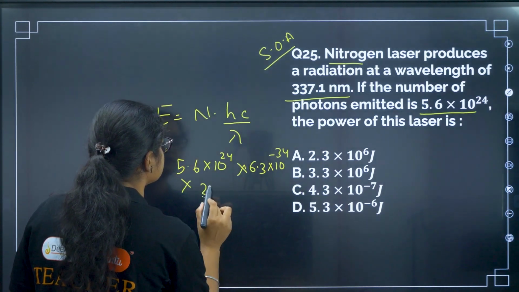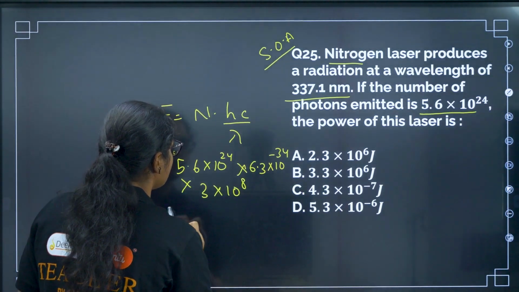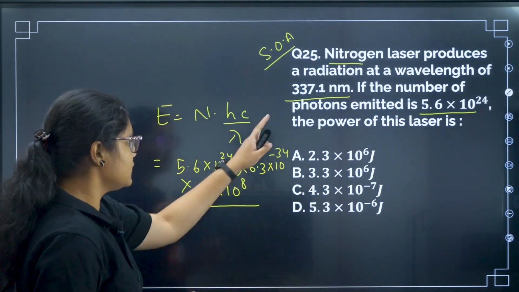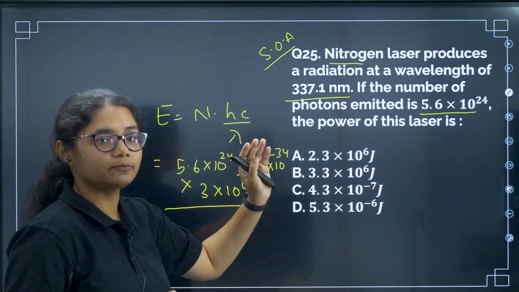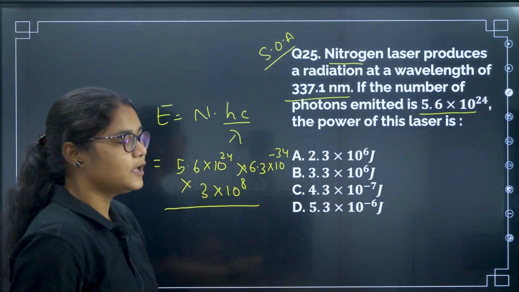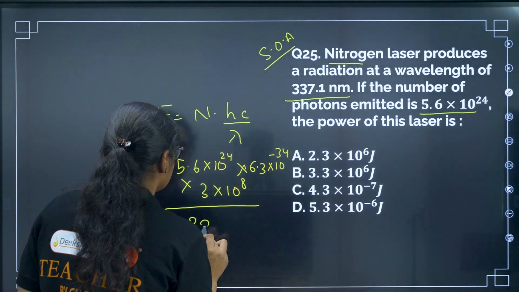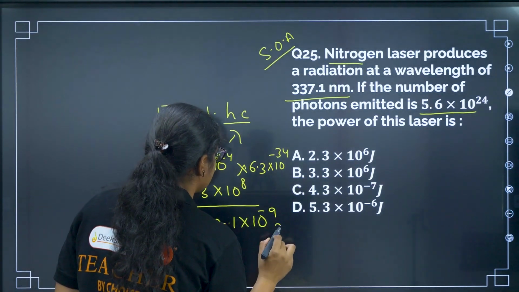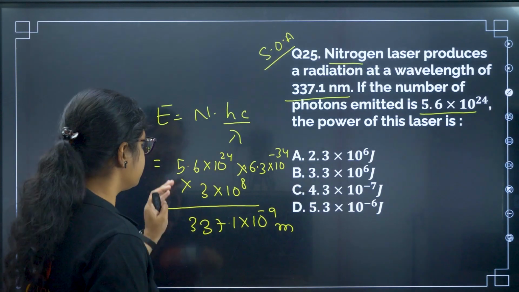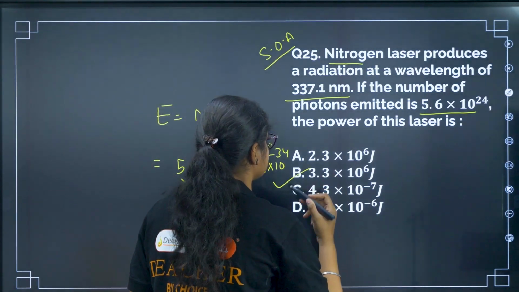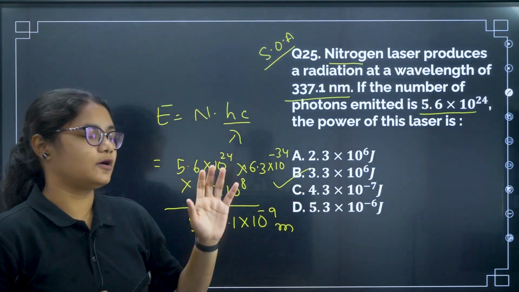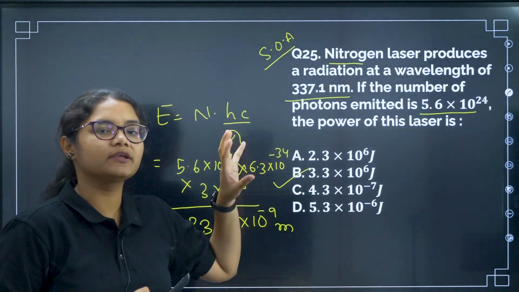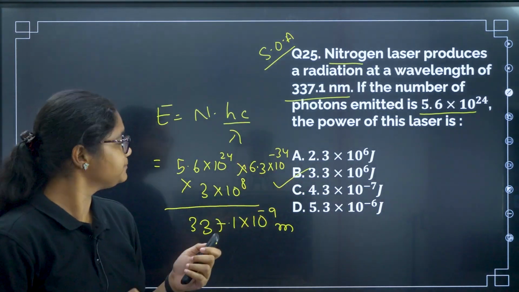And then C value is 3 into 10 to the power of 8. Divided by, here you have to be careful, the unit of wavelength should be nanometer. It should be converted to meter. So I'll get 337.1 into 10 to the power of minus 9 meter, right? So if we solve this, the correct answer for this question will be option B. Again, this calculation is lengthy. You have to give some time for this question, okay?